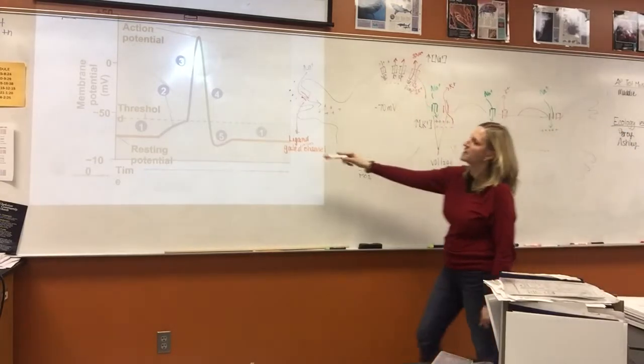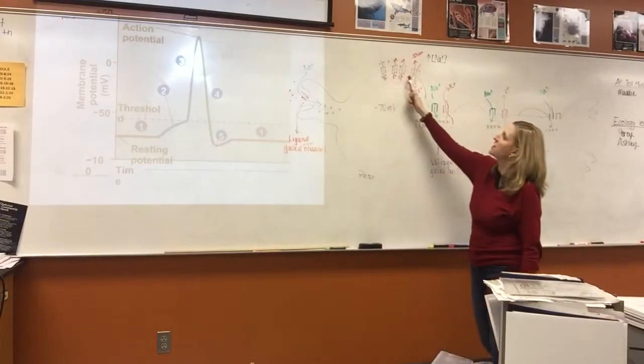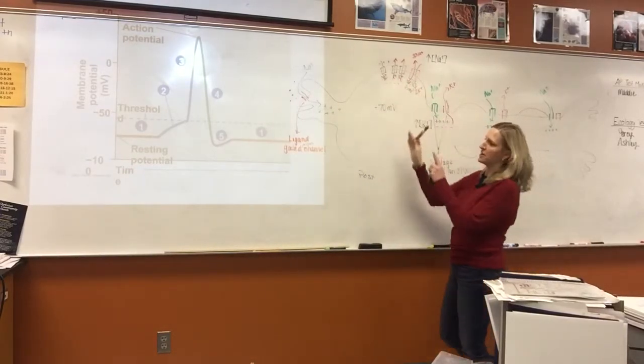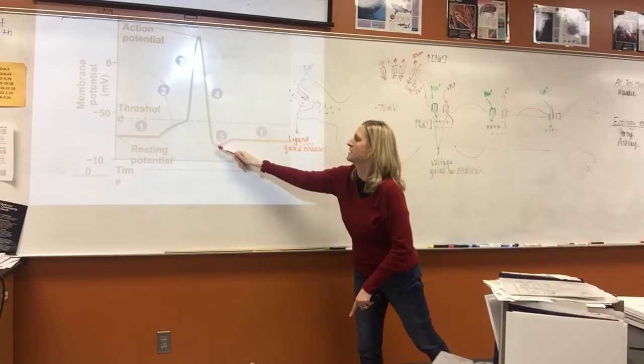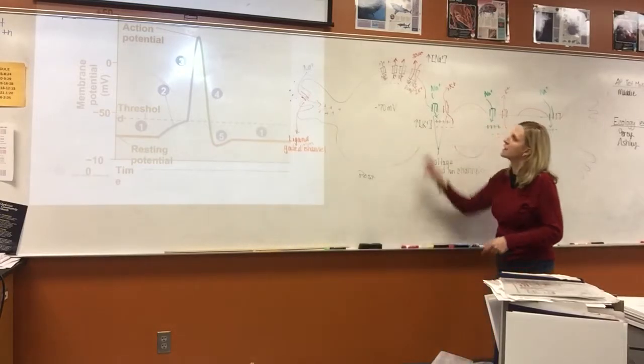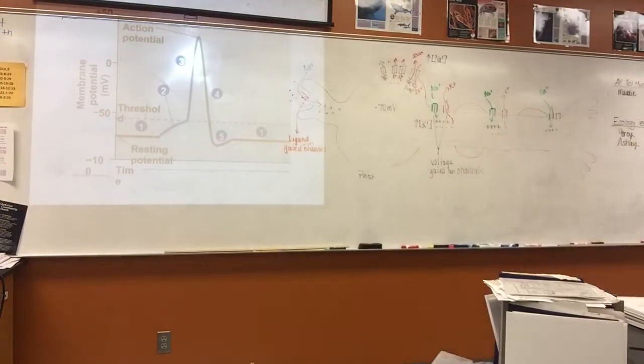But the other channels, the potassium channels, change during this, and so they stop taking out the potassium, so you have more positives coming in, and so therefore reestablishing the resting potential. And so then it goes back to normal, to its resting potential, and then can receive another stimulus.